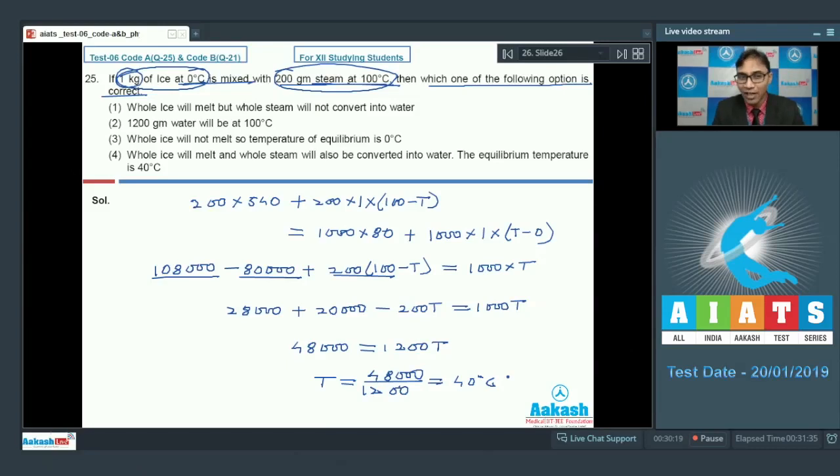So our final temperature is 40 degrees centigrade and the whole steam is converted into water. So in the end, only water will remain. There is no ice, no steam, only water at a temperature of 40 degrees centigrade.